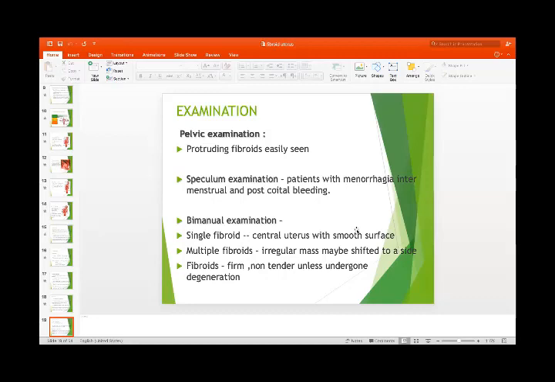In patients with menorrhagia or intermenstrual and postcoital bleeding, we can see the bleeding through the speculum examination. On bimanual examination, if it's a single fibroid, it will be a central mass, firm in consistency with a smooth surface. And if it is multiple fibroids, there will be an irregular mass which may be shifted towards one side.